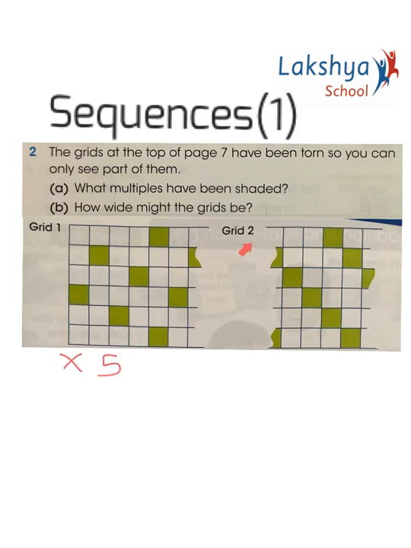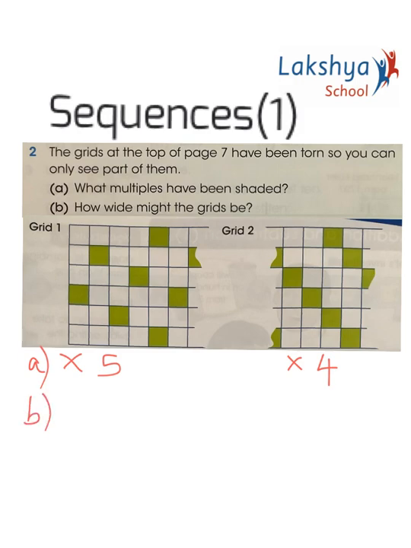Let's see grid 2. We find that it has been toned on both sides. So let's find the multiples by looking at the numbers between two shaded parts. 1, 2, 3, 4. So it has been shaded in multiples of 4. This is the answer for A.